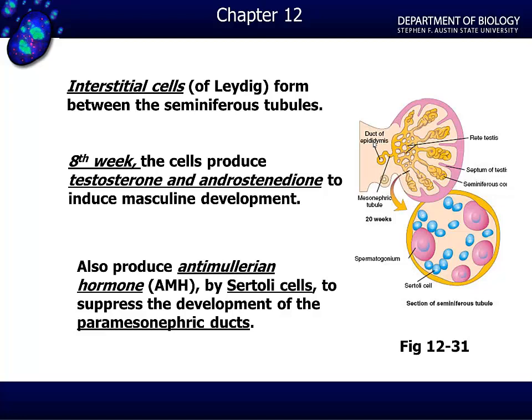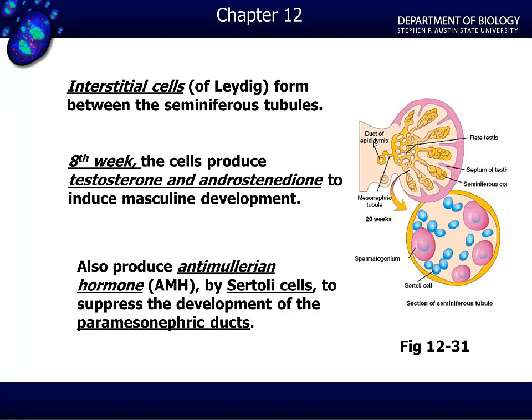Now remember, I said that the default pathway for gender development is femaleness. Well, it's not enough to turn on the male pathway. We must also turn off the female pathway in males. We saw how the mesonephric duct is going to become the epididymis and portions of the vas deferens and the ejaculatory ducts.